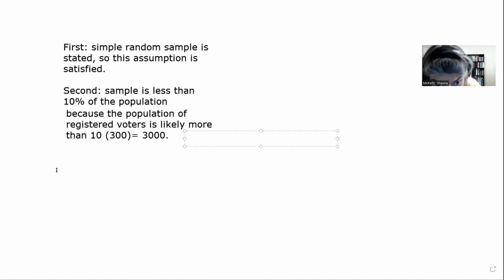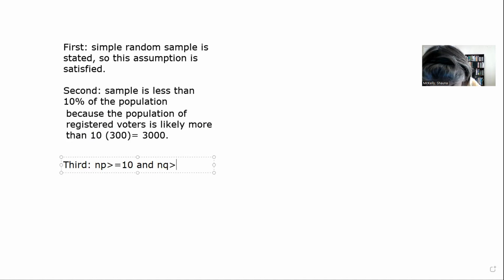Now, the third assumption is where you have to do some math, okay? You can't get around this, you have to do this math. So your third assumption is that np is greater than or equal to 10, and nq is greater than or equal to 10, okay? Remember, we have to go back to our percentages in the problem.